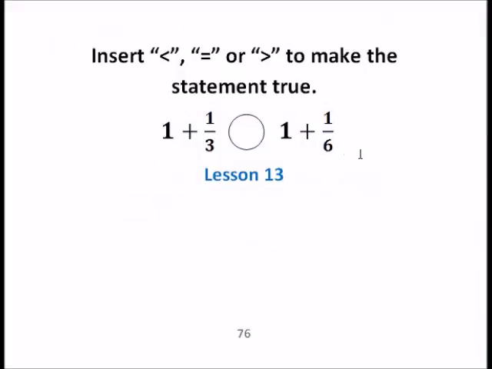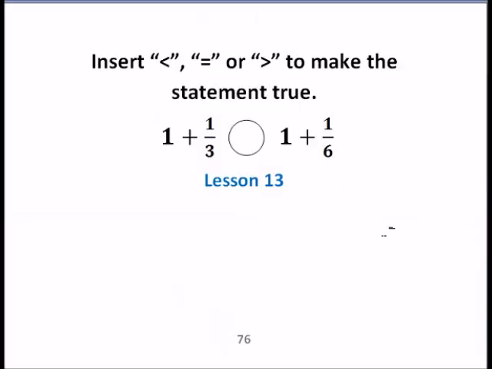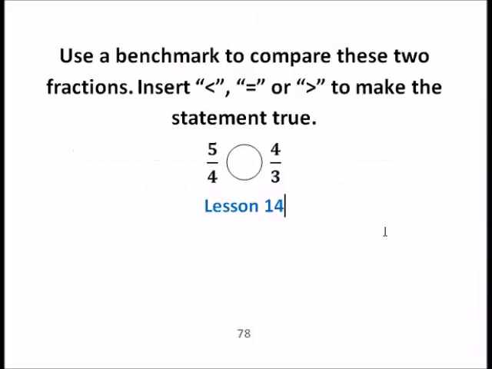So we've said earlier that 1/3 is bigger than 1/6. Therefore, 1 1/3 will be larger than 1 1/6, because the more that is added to a number, the greater the result. So that's lesson 13, where students have examples of that type.